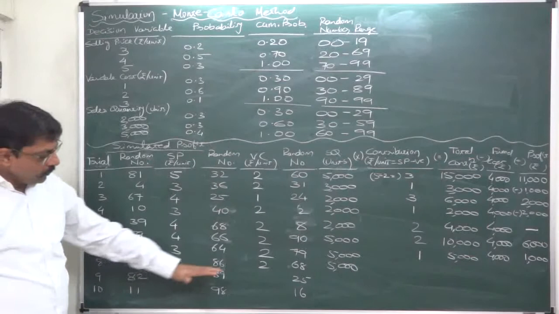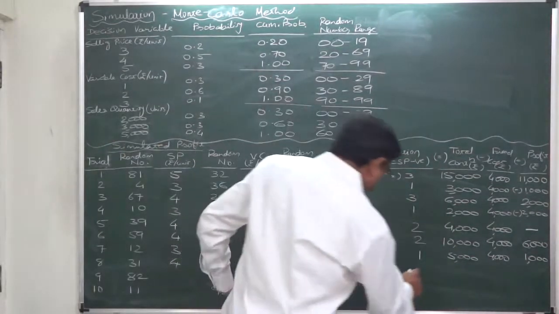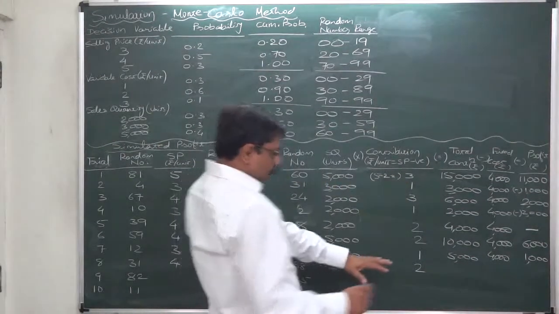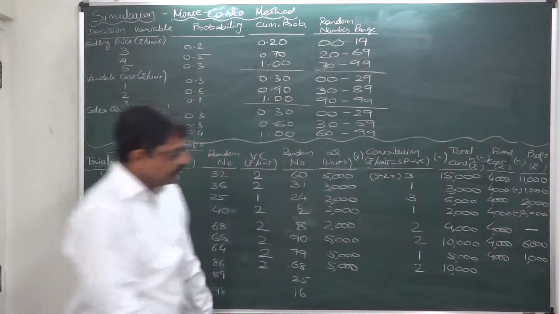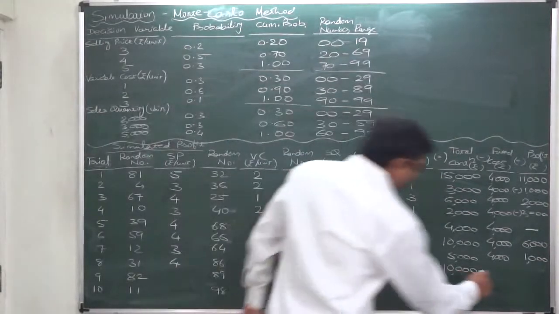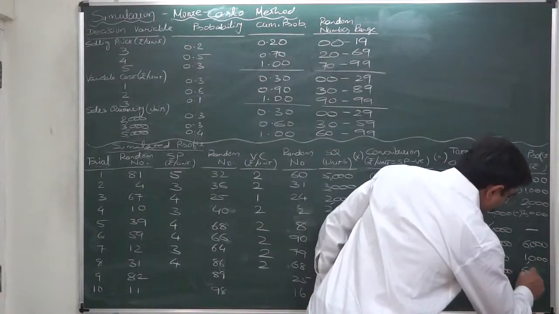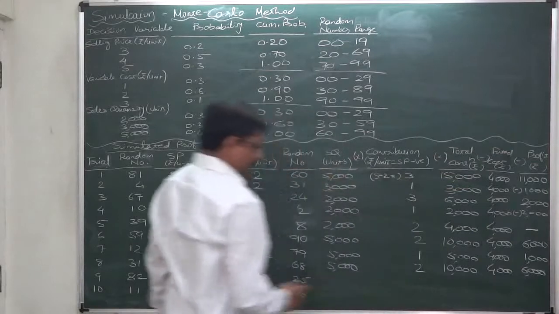Contribution would be 4 minus 2, 2 rupees per unit. 5000 units, 2 rupees per unit contribution, so total contribution of rupees 10,000 can be earned against 4,000 rupees of total fixed cost, so the profit would be rupees 6,000.